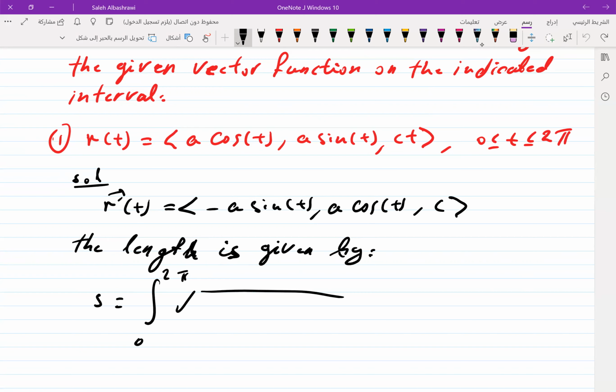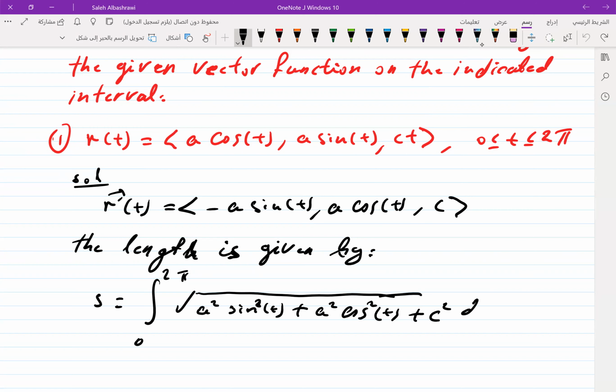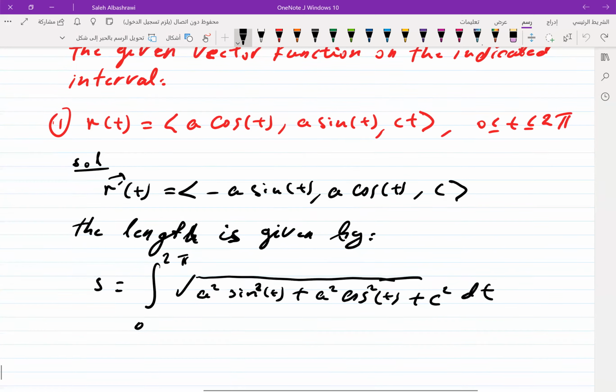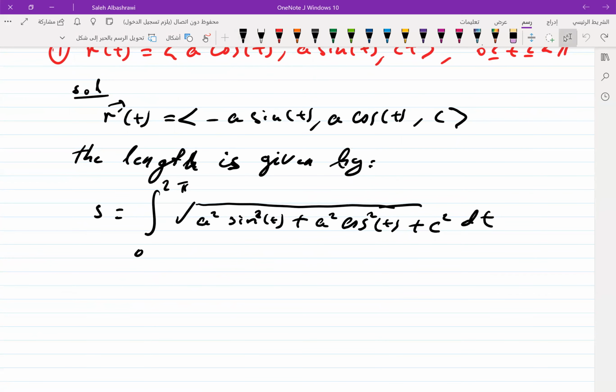The magnitude will be given by the first one squared, a squared sine squared, plus the second one, a squared cosine squared, plus the third one, c squared. So that's the integration of the square root of a squared sine squared plus a squared cosine squared plus c squared. These two can be combined together to give me a squared.